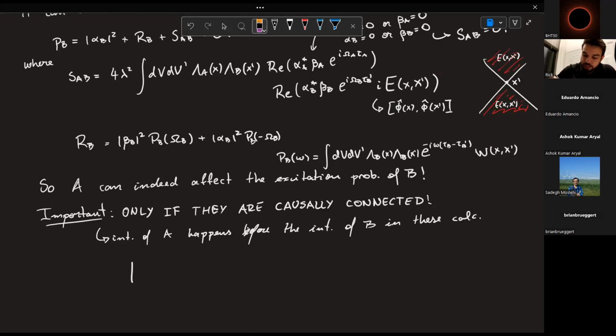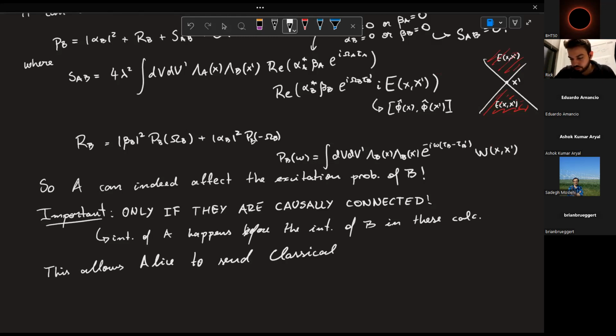Cool. So this allows Alice to send classical information to Bob.